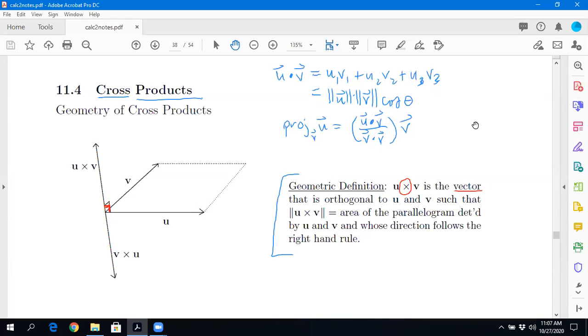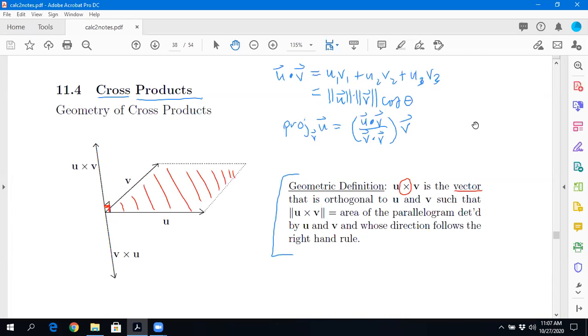This product is actually going to deliver a vector output, whereas the dot product delivered a scalar output. So it's a vector that is orthogonal to U and V with one additional property. The length of U cross V needs to be the area of the parallelogram determined by U and V.